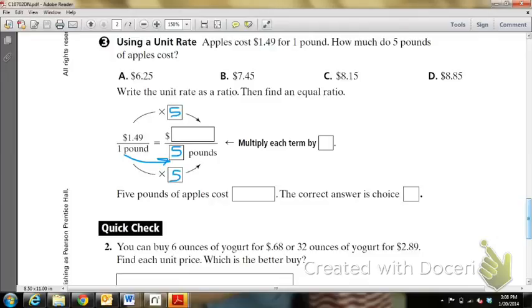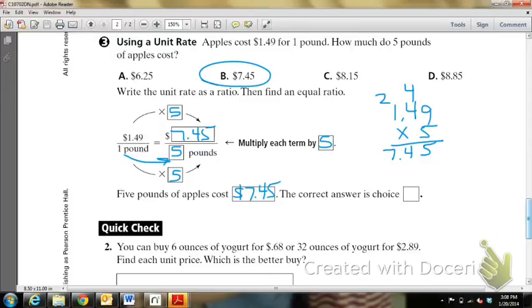So let's do the same to the top. So you're going to multiply each term by 5. 5 times 9 is 45, 5 times 4 is 20 plus 4 is 24. 5, 6, 7, 7.45. 5 pounds of apples cost $7.45. So that means choice B.